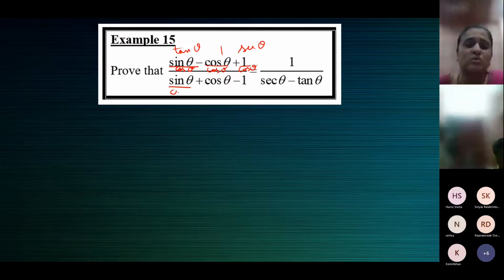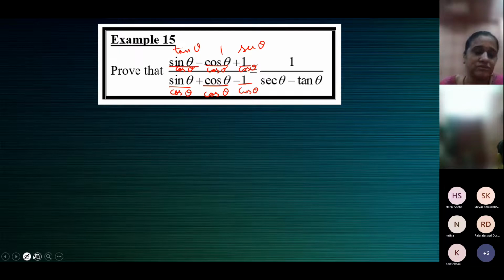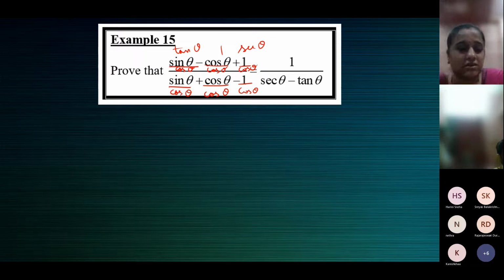So same thing you will get. Sine theta by cos theta is tan theta. Cos theta by cos theta is 1. 1 by cos theta is secant theta. You will get the same ratios, tan theta and secant theta. I'll repeat this.